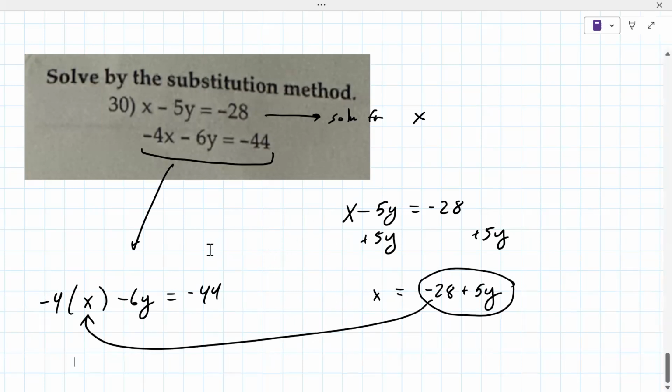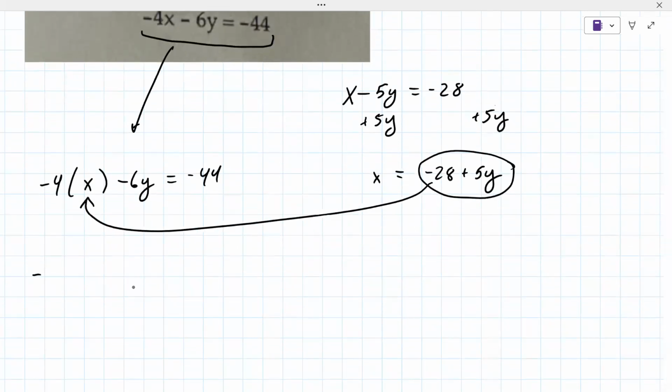Is that okay? Yeah. So this is -4 parentheses -28 plus 5y minus 6y equals -44. So just really take a look at that because this is the key part of substitution. You're literally substituting in.